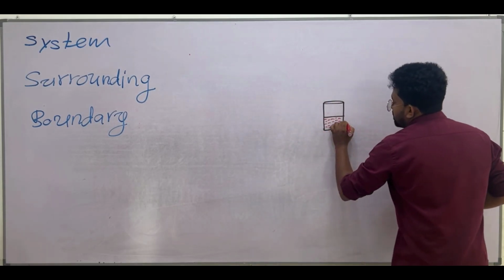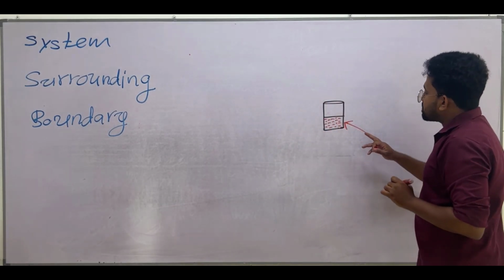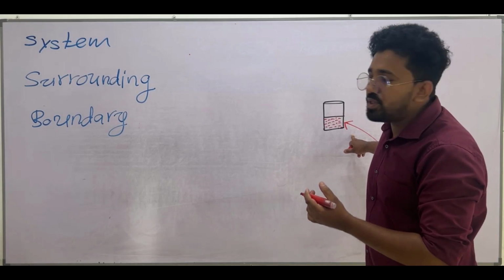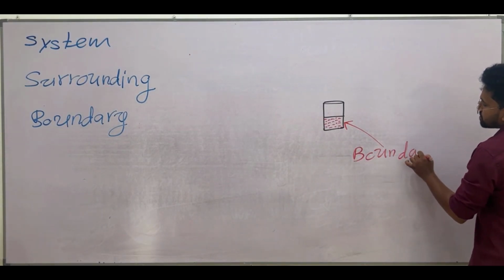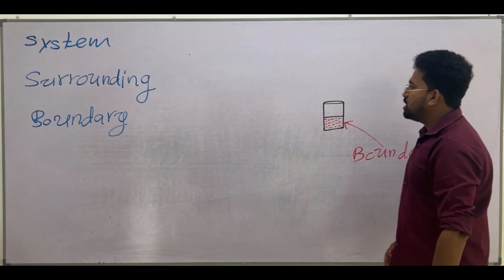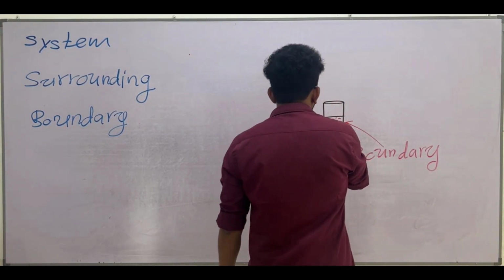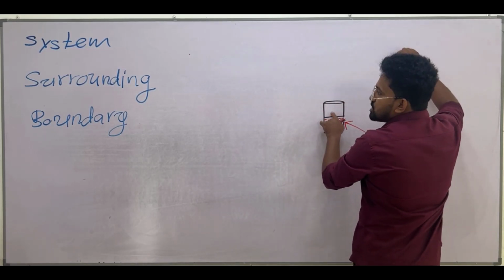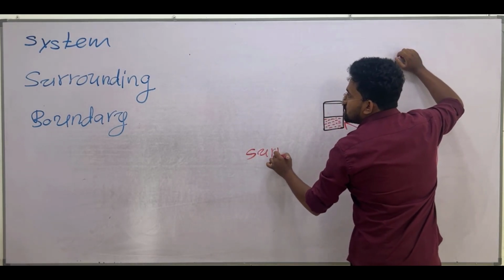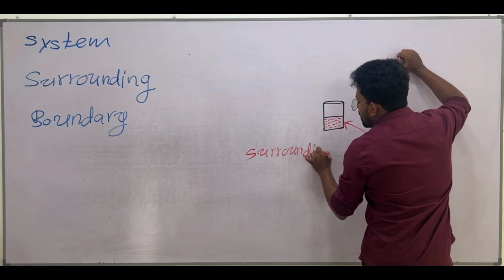So the glass wall of the beaker, that is the boundary. Other than the system, all the other parts which interact with the system, we call surrounding.